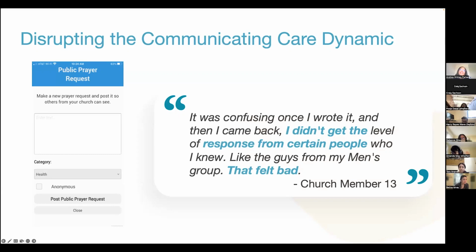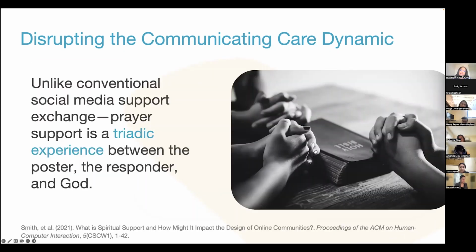Of course, this kind of social pressure to respond to posts on social computing platforms is not new. However, when this phenomenon occurs within the context of spiritual practices, such as prayer support, it becomes more complex.